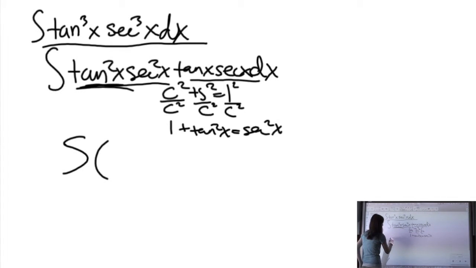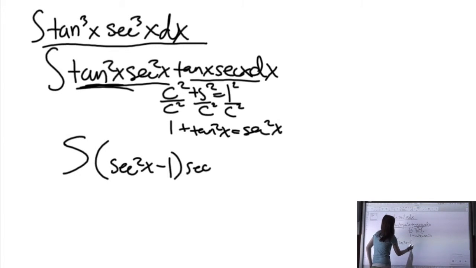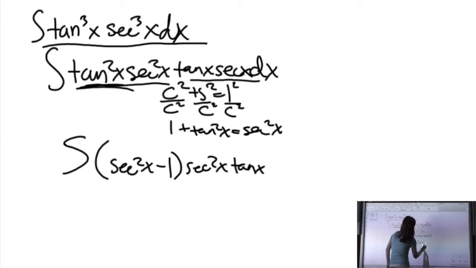So I can rewrite this as secant squared of x minus 1 times secant squared of x times tangent x secant x dx.